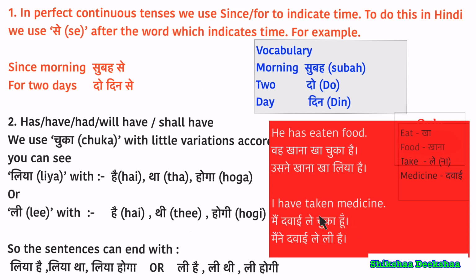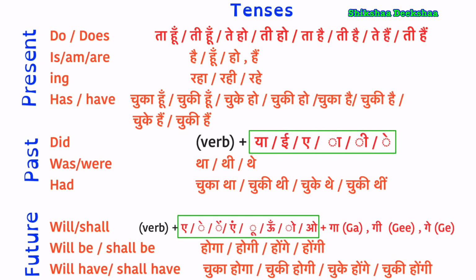Both mean the same thing, that I have taken medicine. Now khana is masculine, so we used liya hai, and dawai is feminine, so we used li hai. Also for liya and li, the pronoun became from vah to usne and main to maine, just like we learned in simple past tense. So I hope now you know how to use this chart.